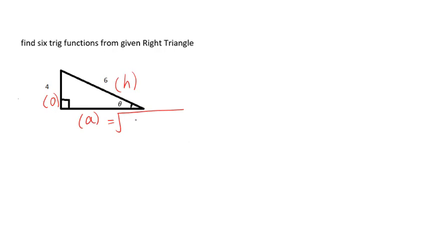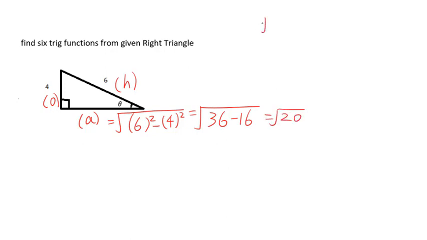You will get 6 squared minus 4 squared. So that equals 36 minus 16, that is the square root of 20. Simplify the square root of 20. We can write 4 times 5, so the square root of 4 is 2. So you get 2 square root of 5.